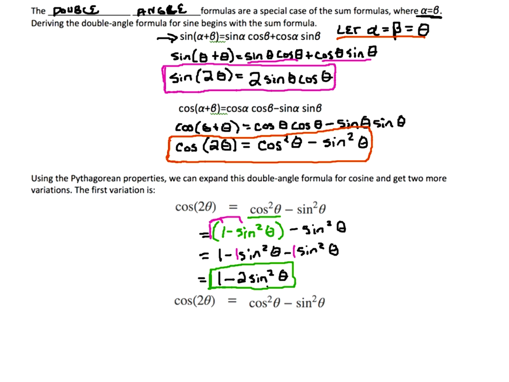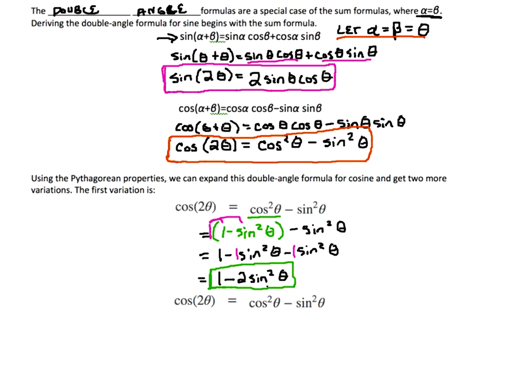And then finally on this page, we have cosine of 2 theta. We're going to start with the same premise, cosine squared theta minus sine squared theta, but this time we're going to replace sine squared theta with 1 minus cosine squared theta, so that everything looks like cosine in this one.